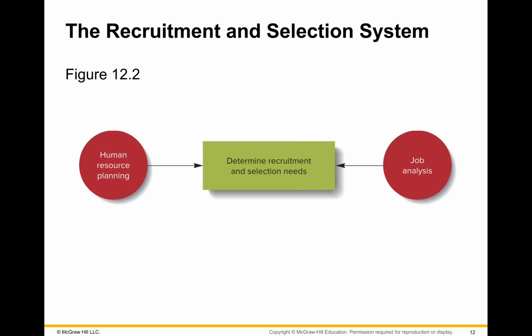How can they determine those needs? By doing human resource planning and some job analysis: what needs, what skills are required. That is job analysis. Only then can they open the position and select qualified employees to fulfill that position.